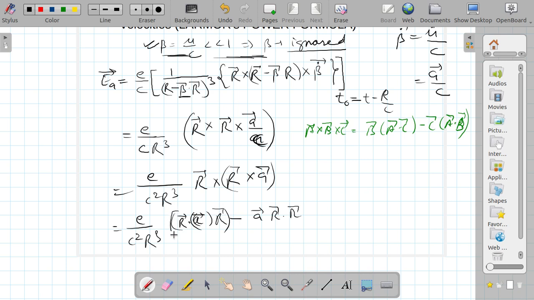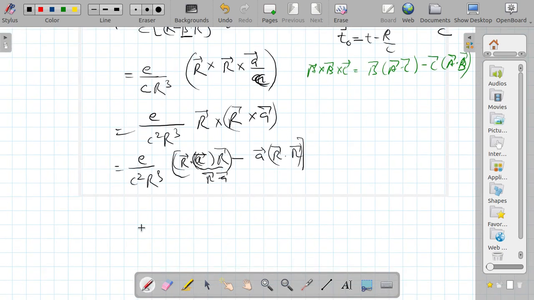This can be written in this manner, and I can express it as R dot a also. So it becomes E upon c square R cube, times (R dot a) R minus R square a vector.